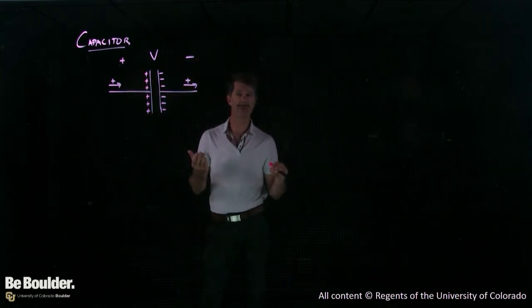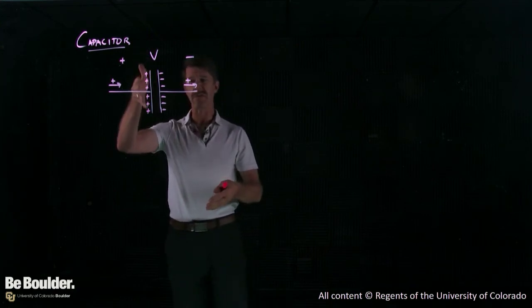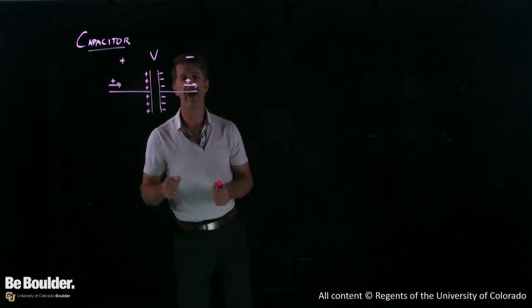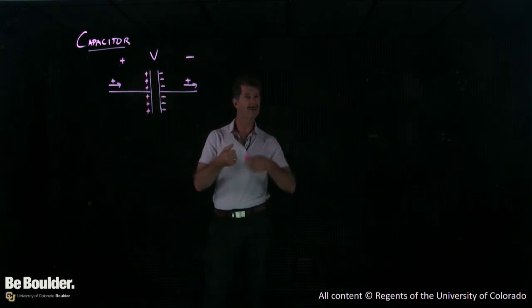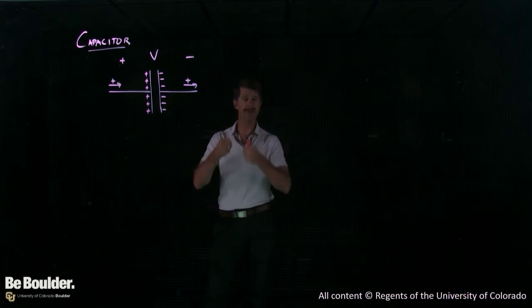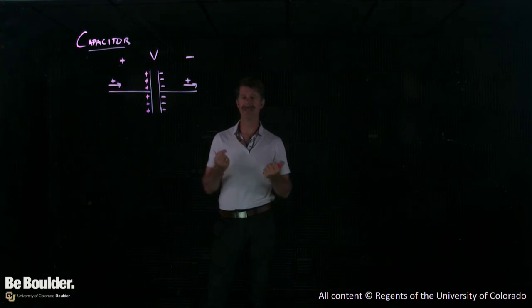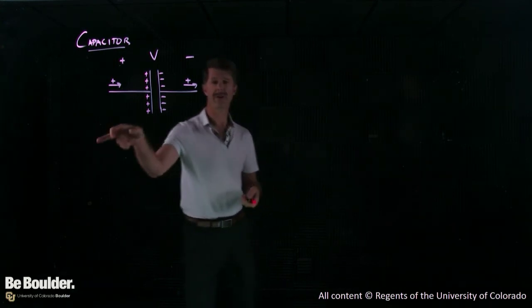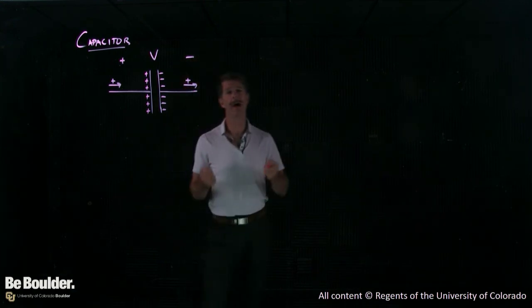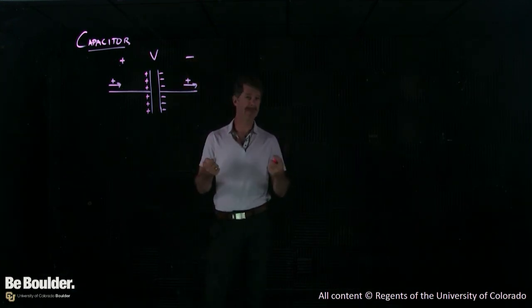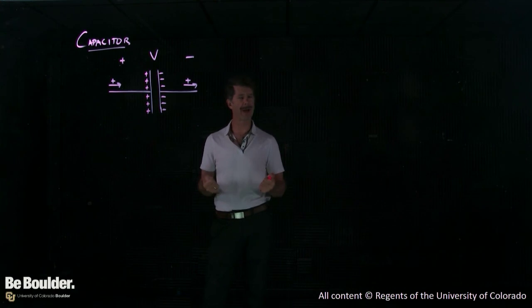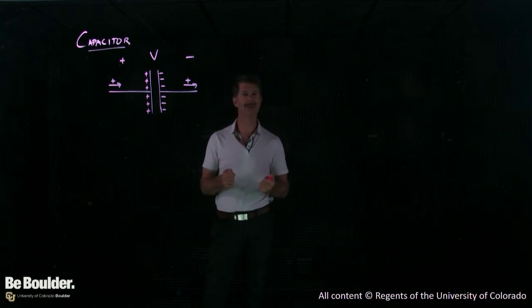But then it will stop because the plates will get charged up. No more current will flow through the device because we've charged it up. So the key is we can't get static, constant, direct current through a capacitor. And that begs the question of, well, is there some other kind of current we can get across it? And we'll do that next.